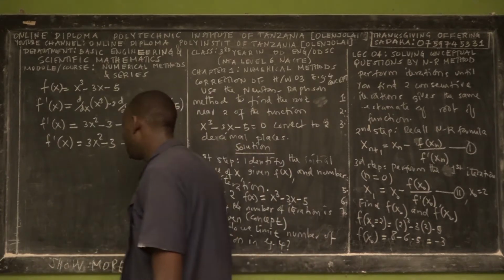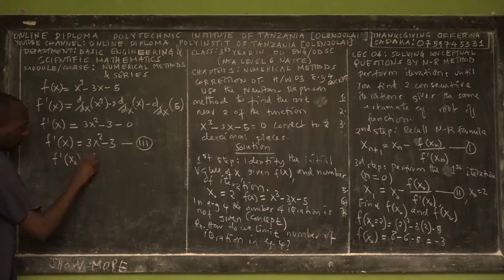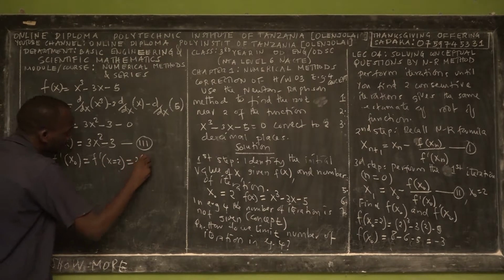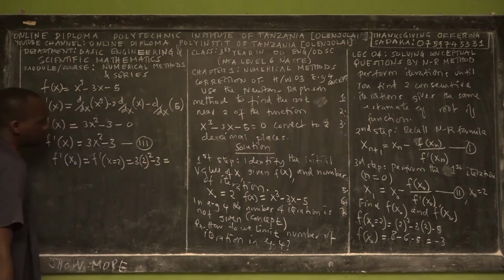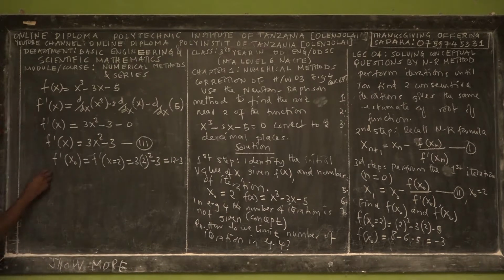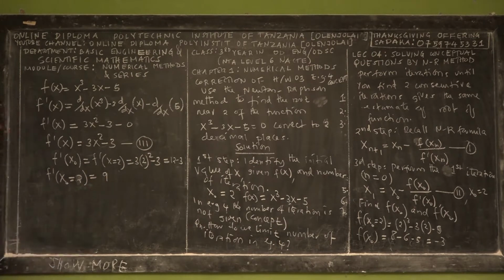So you can use equation 3 to find the value of the function we are looking for. f dash of x0, where x0 is 2, is 3 times 2 squared minus 3. 2 times 2 is 4, 4 times 3 is 12. 12 minus 3, the answer is 9.